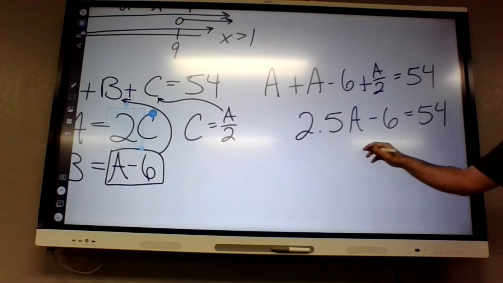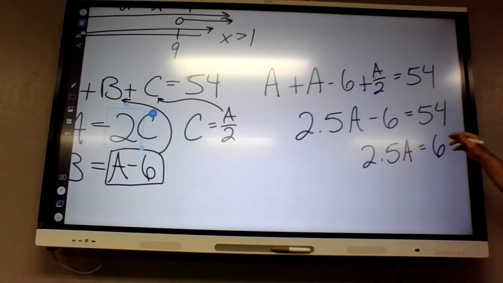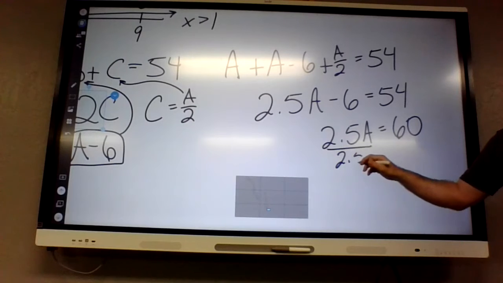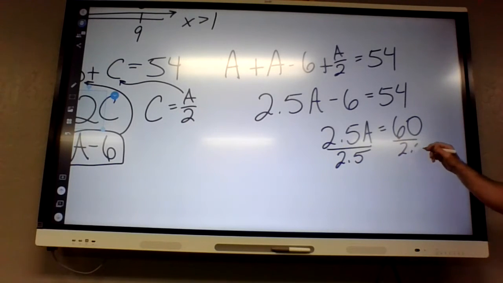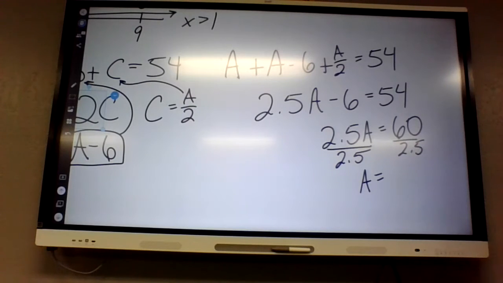Plus the 6. Divide the 2.5. How many times does that go? 24? Is that right? But then we have to find the other variable.